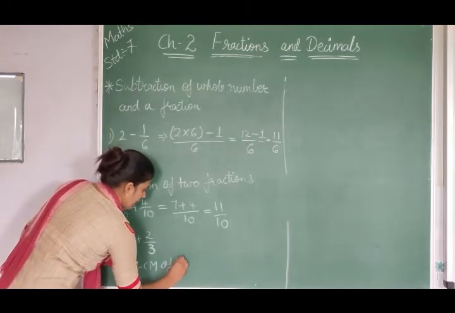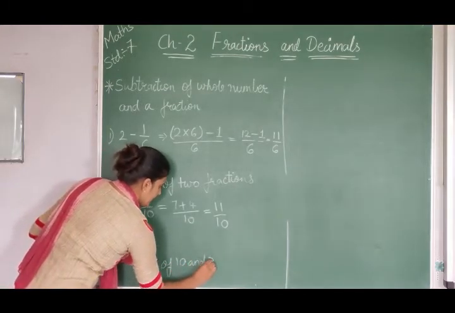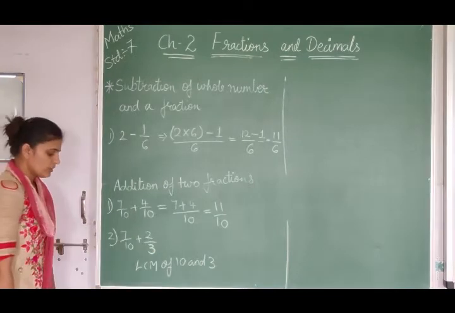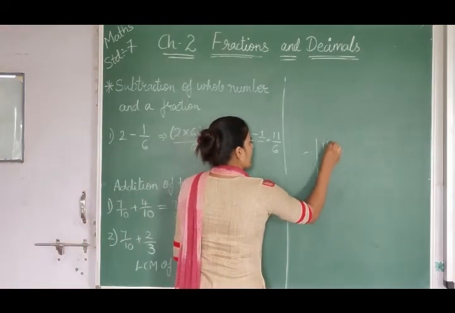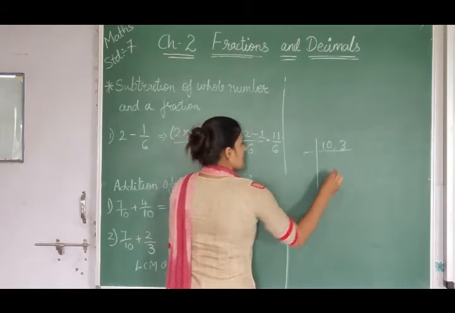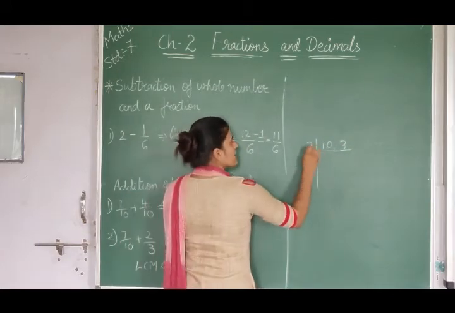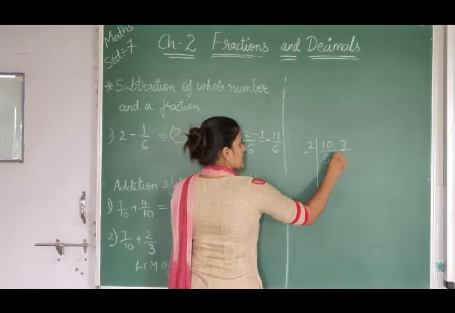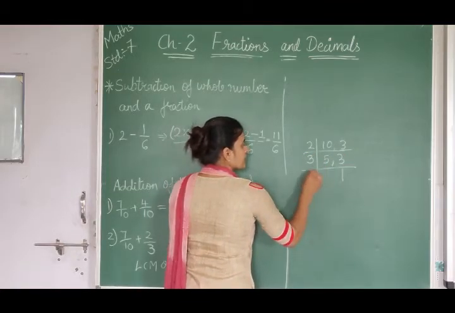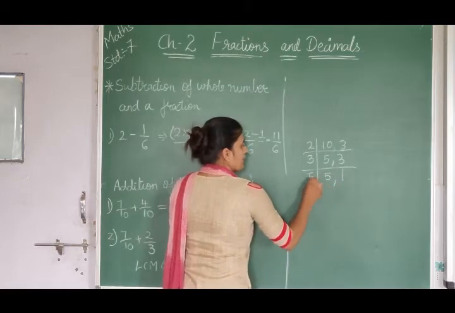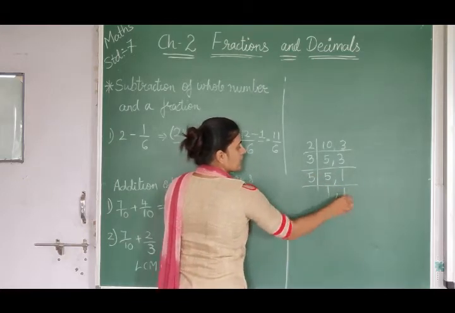of 10 and 3. Now if you don't know how to take out the LCM, what you have to do is simply put 10 and 3 in this column. Now 2 5s are 10, 3 as it is. So 3 1s are 3, 5 as it is, 5 1s are 5. Now we have got 1 1 over here.